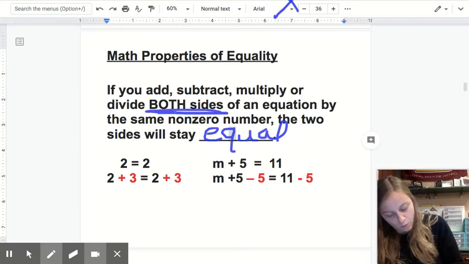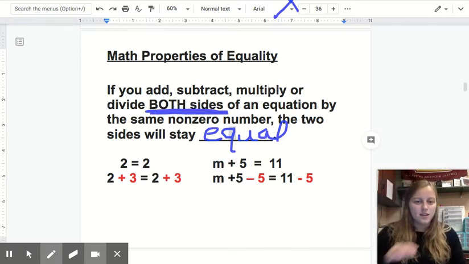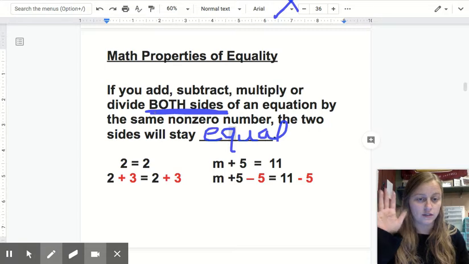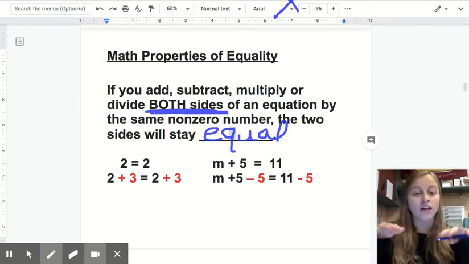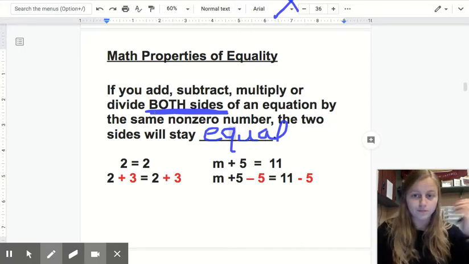I want to point out that word both sides. So if you do one thing to one side of the equation, and then you do the same thing to the other side of an equation, the equation is still true.